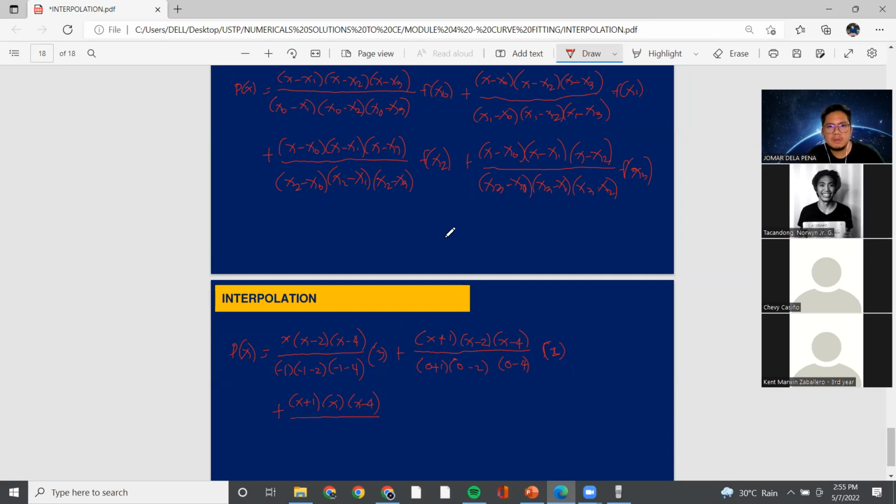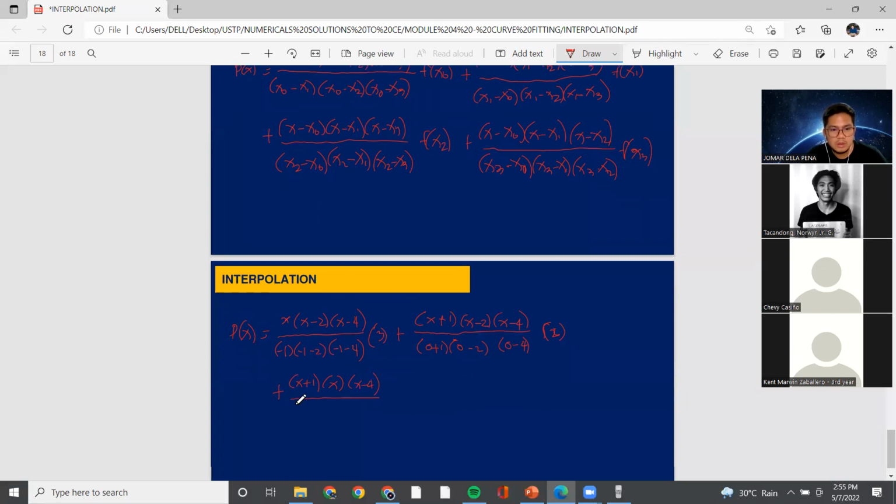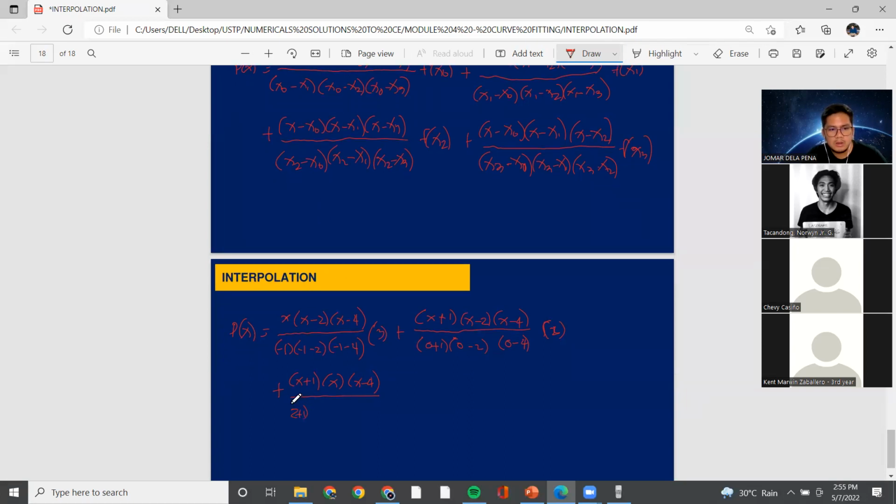Denominator, we have x sub 2 minus x sub o, plus x sub 2, 2. So that is 2 plus 1. Then we have x sub 2, is 2 minus 0, and 2 minus 4.